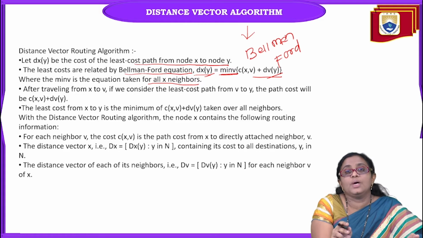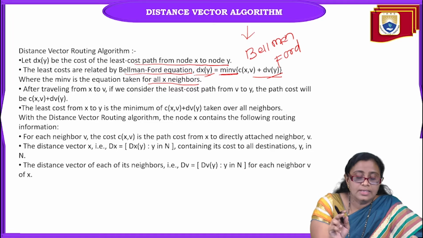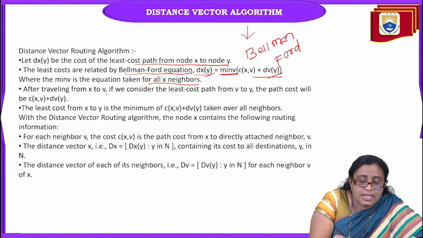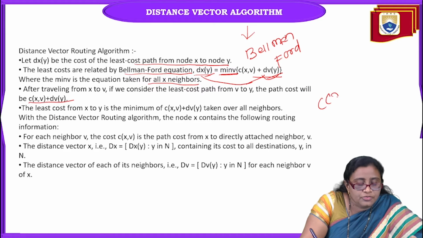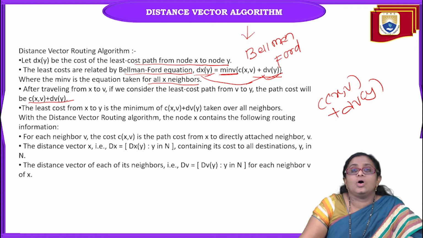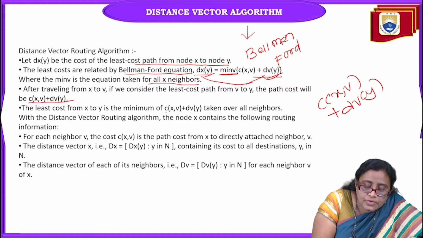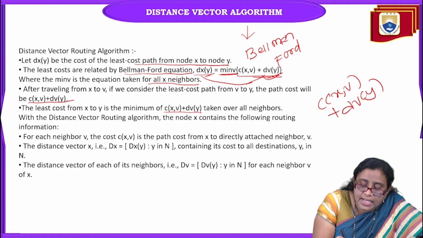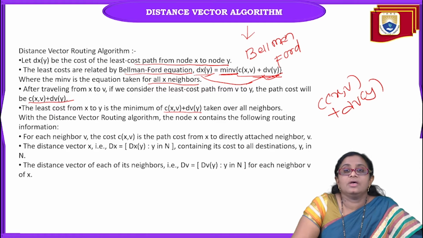If you take the previous example of R1 and R2 with the total subnets, after traveling from x to v, if you consider the least cost path from v to y, the path cost will be c(x,v) + dv(y). Hence, the least cost from x to y is the minimum of c(x,v) + dv(y) taken over all neighbors, with the distance vector routing algorithm.